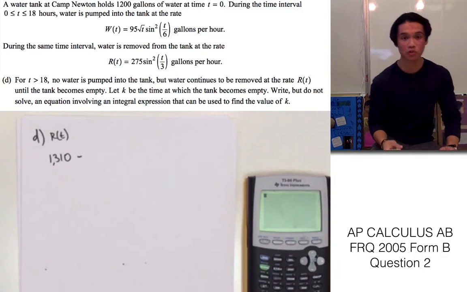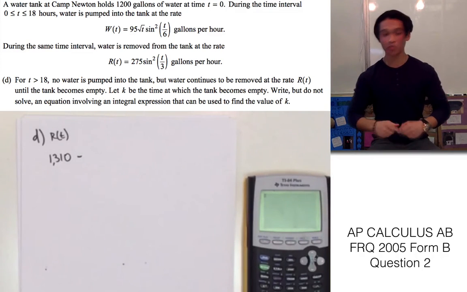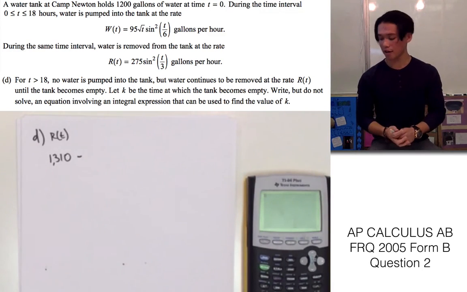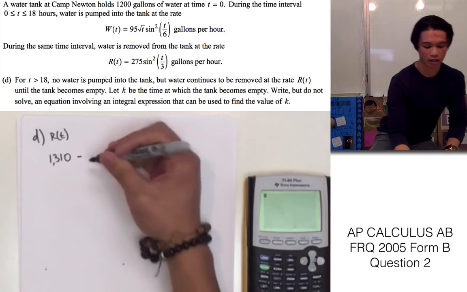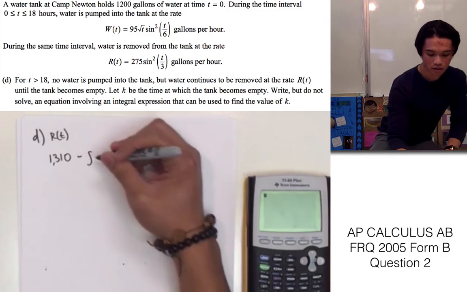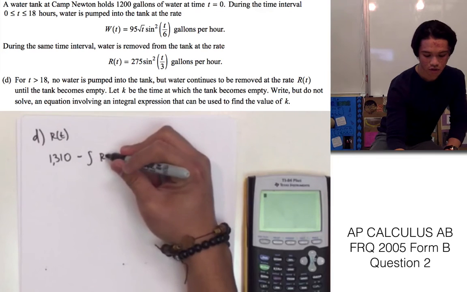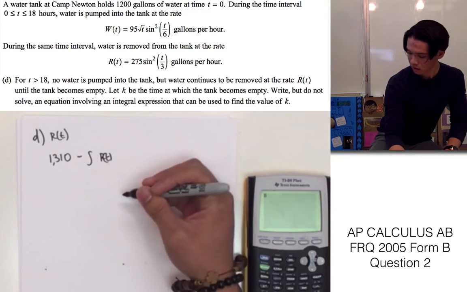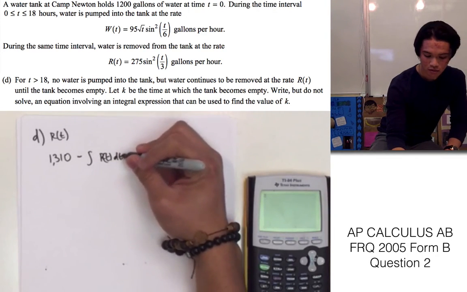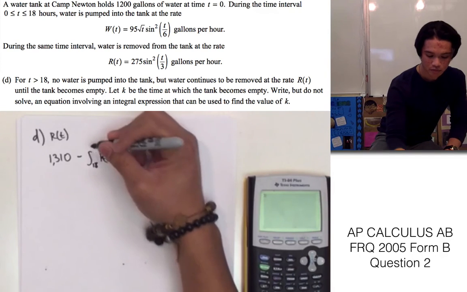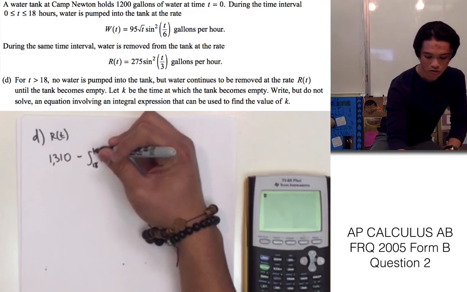And from that we'll have to subtract the amount of water that is being removed after t of 18. That's represented by integral of r of t dt from 18 to k.